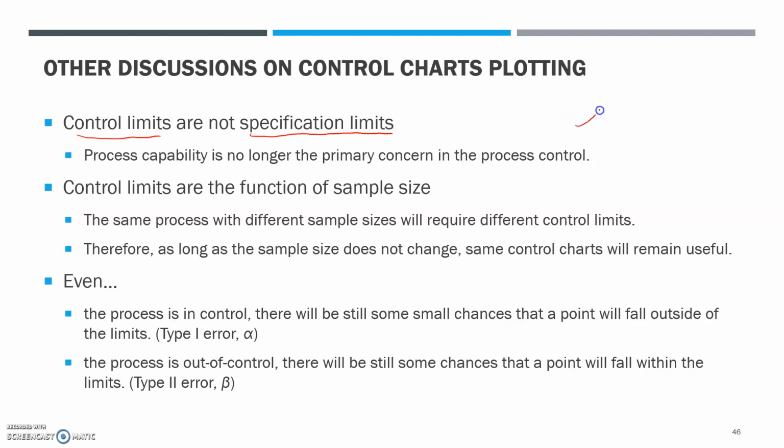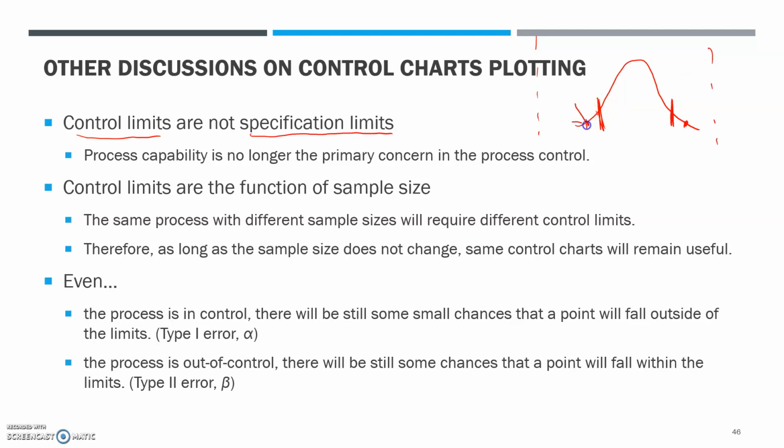A lot of times this is our control limit, and we'd like to make the specification limit as far out as possible. Sometimes you do see some parts falling outside of the control limit.